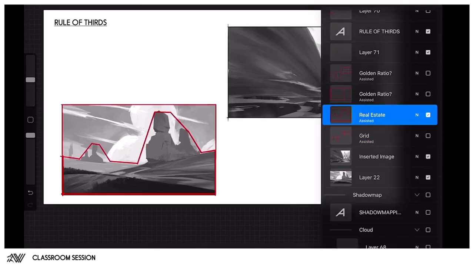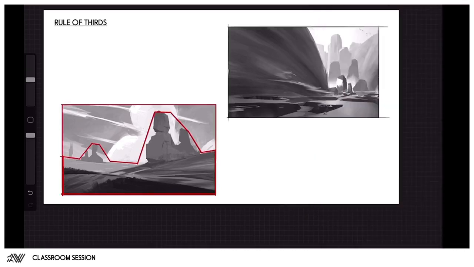Okay, and then talking about real estate, that's something that I also want to discuss, especially when you're doing landscapes, but even when you're doing interiors. In the beginning, when you are a beginner, it's good to divide up your canvas into two elements.